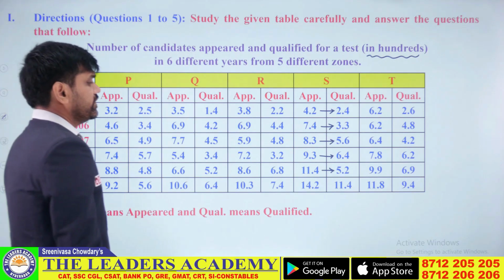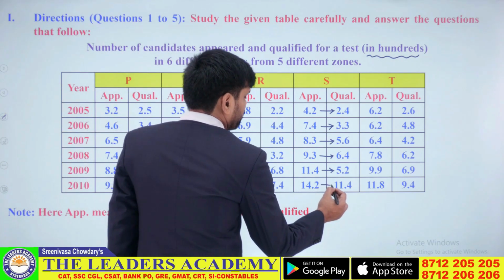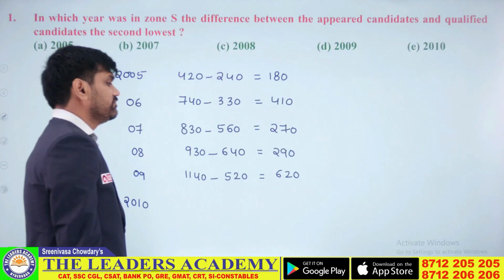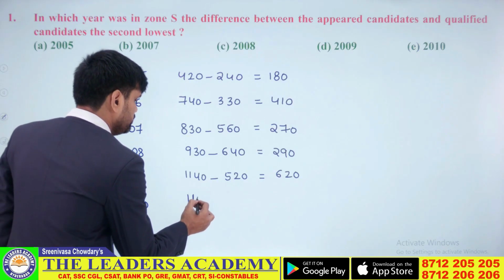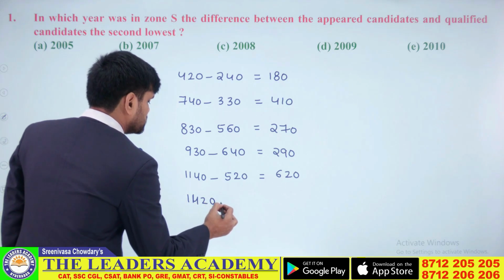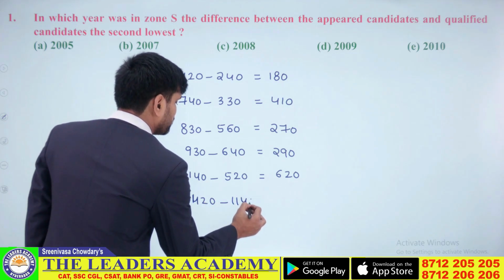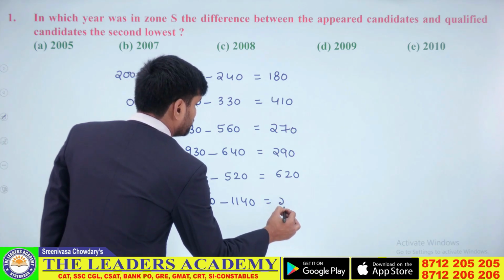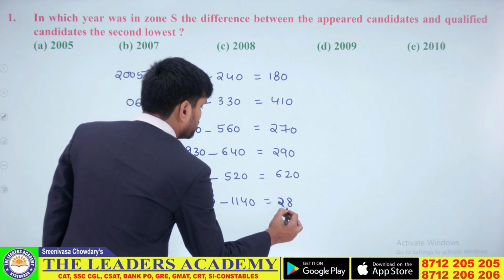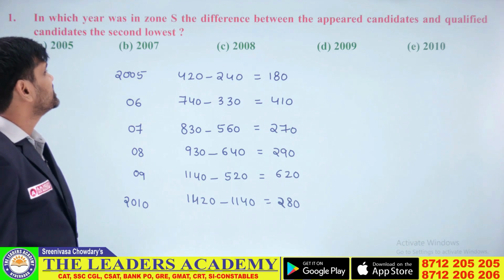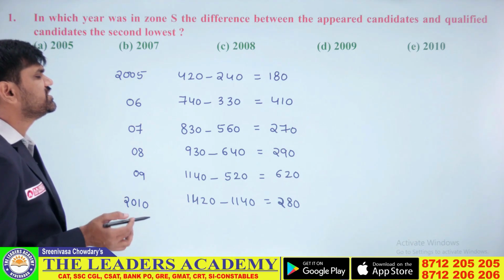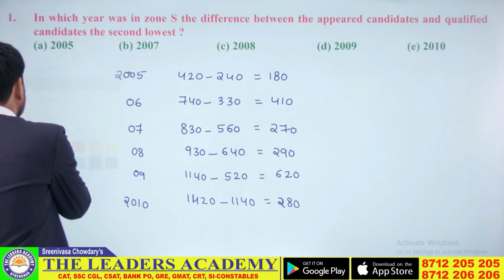2010. 1420 minus 1140 will give you how much? 280. Now the question is the second lowest. Which is the lowest over here? Observe that first.